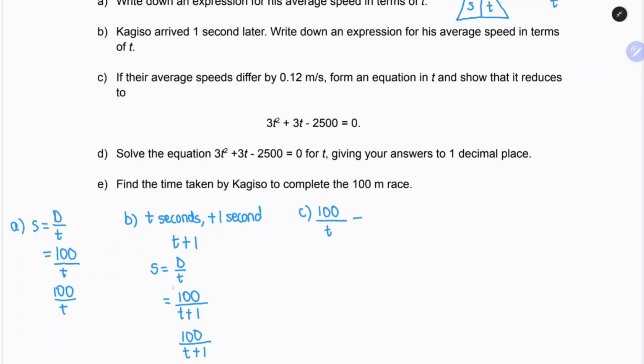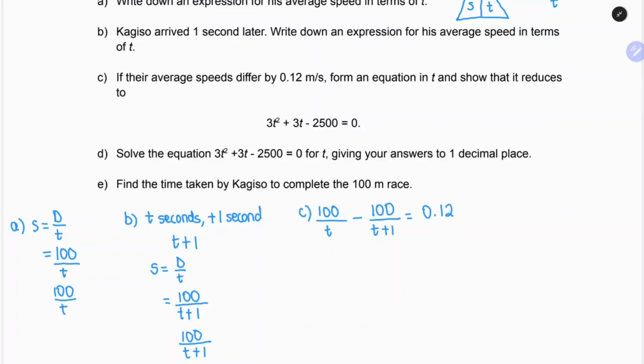minus Kagiso's speed, who I'm saying is obviously slower. Why? Because he took a longer time to complete the race. So it's just common sense. So 100 over t plus 1 is equal to 0.12.